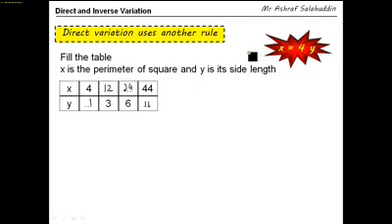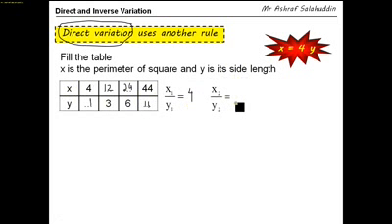As you see, this relation is direct variation. So we have the title here, which is direct variation. We have another rule for the direct variation, and we can deduce this rule by this table. Let's find x1 over y1. The answer is 4.